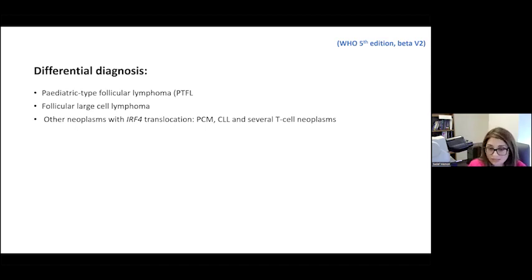Interestingly, other neoplasms do show IRF4 translocation, which are plasma cell myeloma, chronic lymphocytic leukemia, and several T-cell neoplasms, but they display a different histopathology.